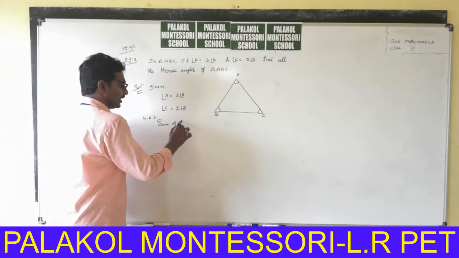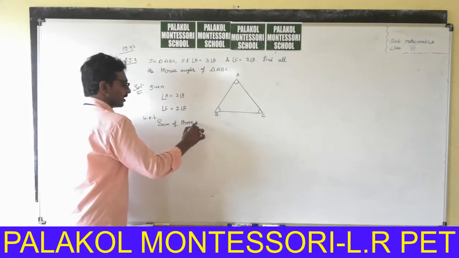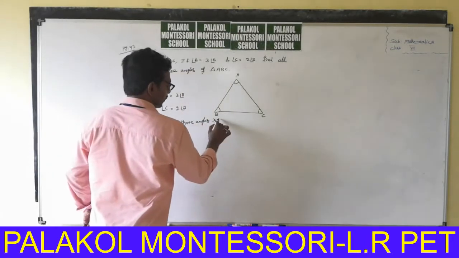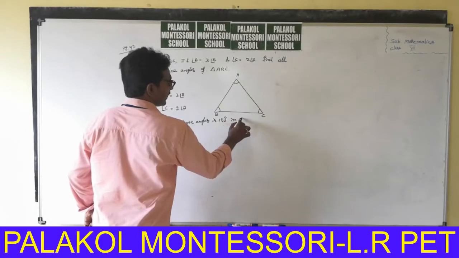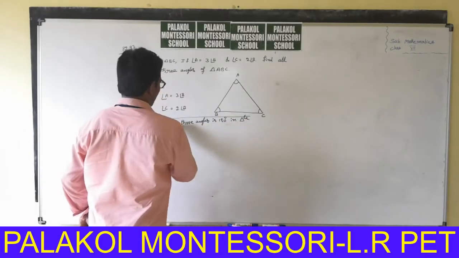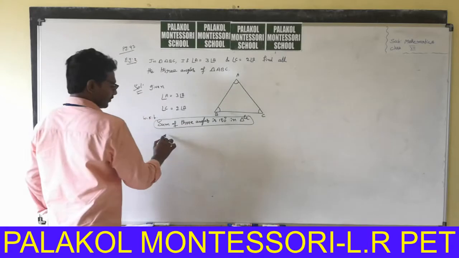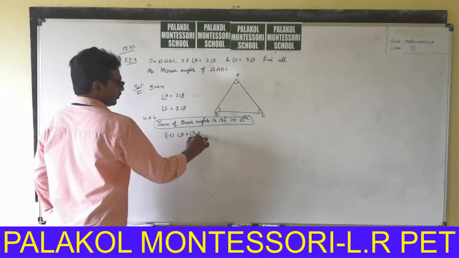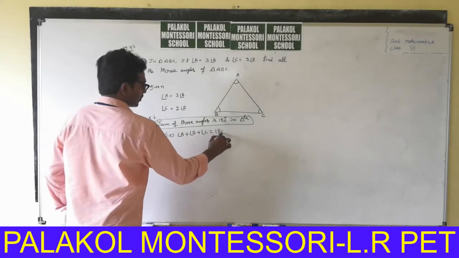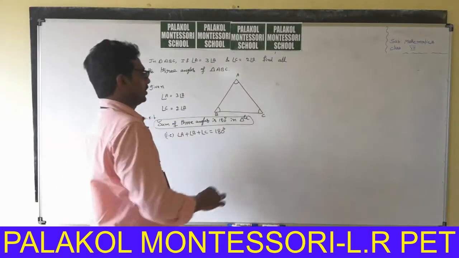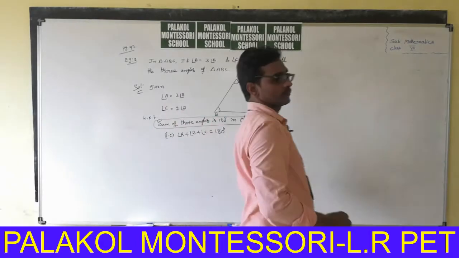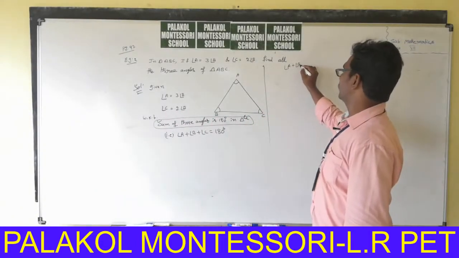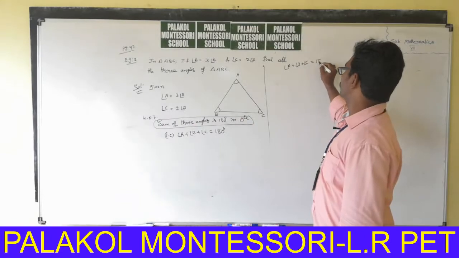Put this in a box. So that means angle A plus angle B plus angle C is equal to 180 degrees, right? Angle A plus angle B plus angle C is equal to 180.